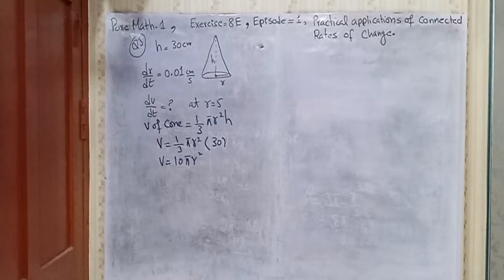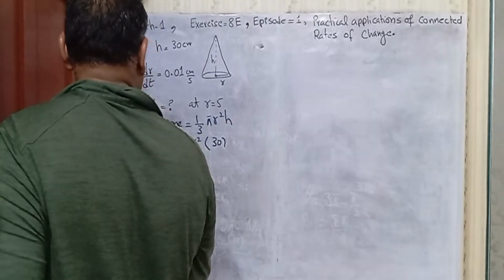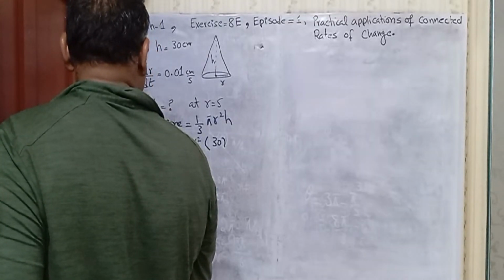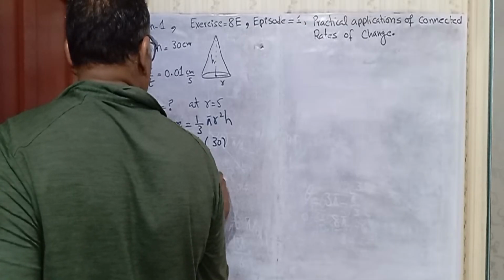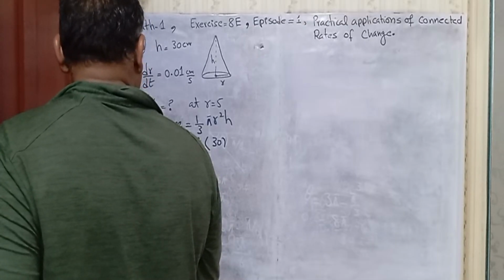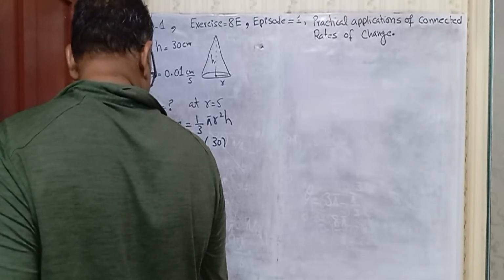Now we will differentiate the volume with respect to r. So dV by dr equals 10 pi into 2 into r, which is 20 pi r.